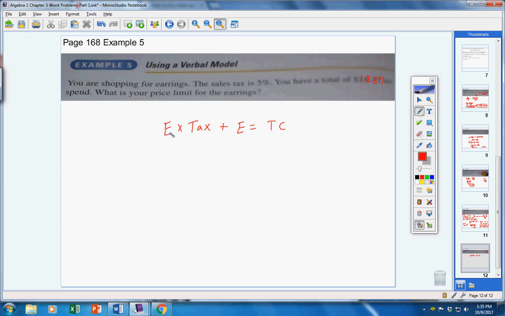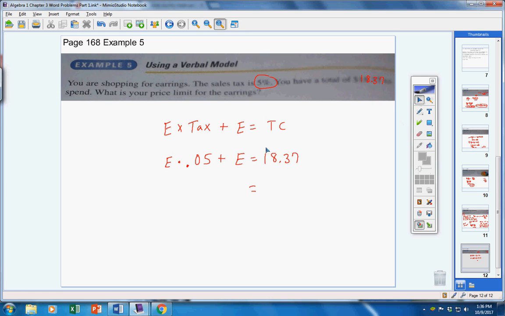The cost of my earrings, I don't know what that is, times my tax. Tax is 5%, so 0.05 plus the cost of my earrings equals, what's my total cost? $18.37.